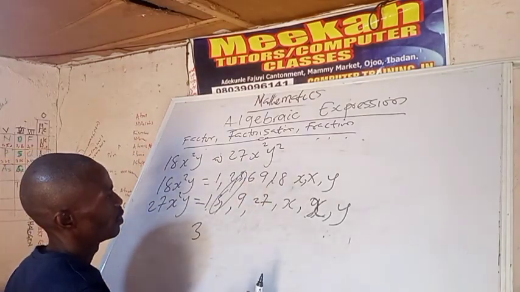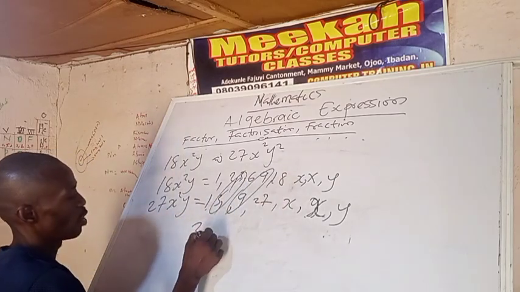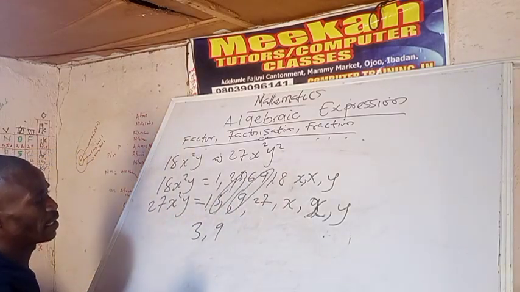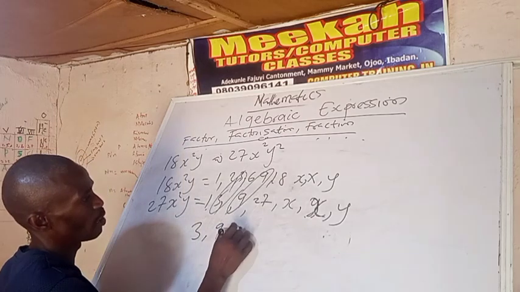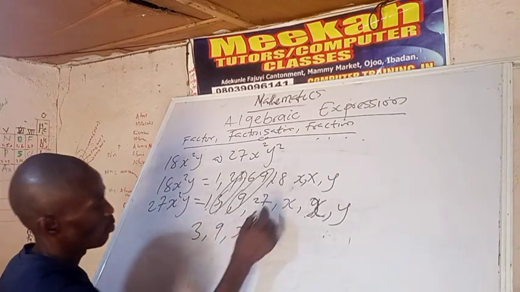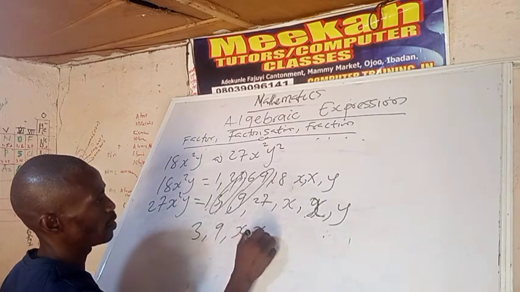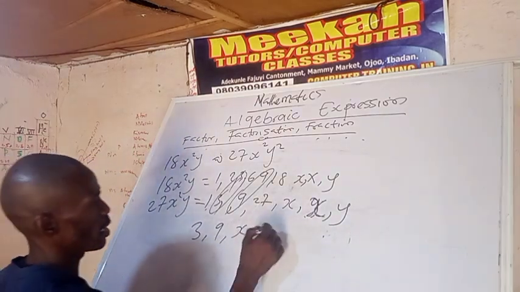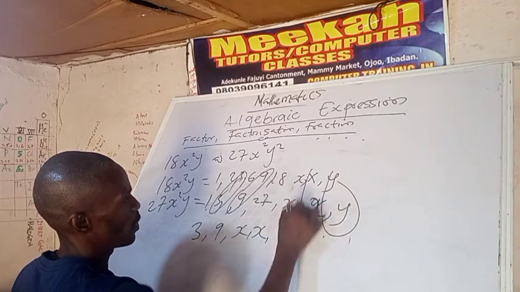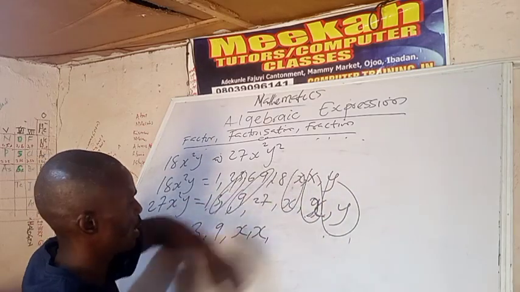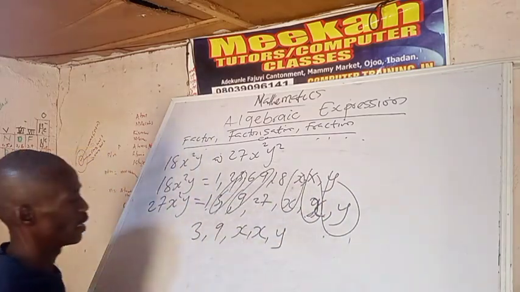We also have 9, which appears here. We have x, which appears here, and y also appears. x, x, and you also have y.